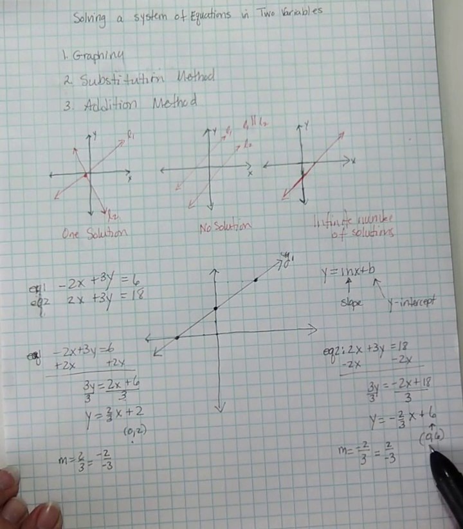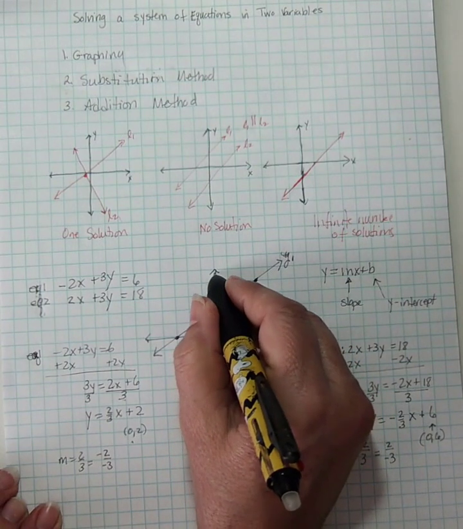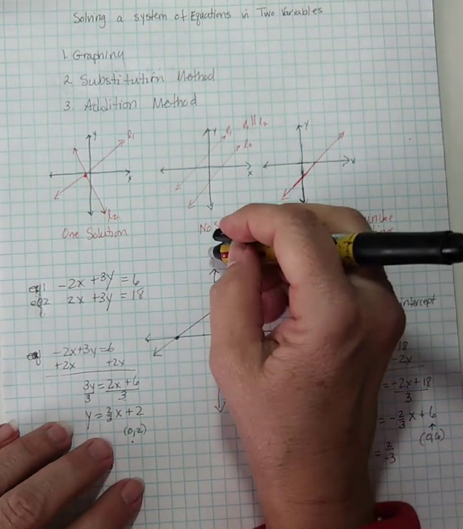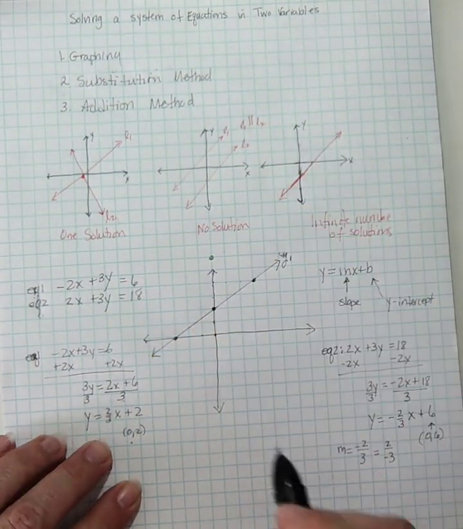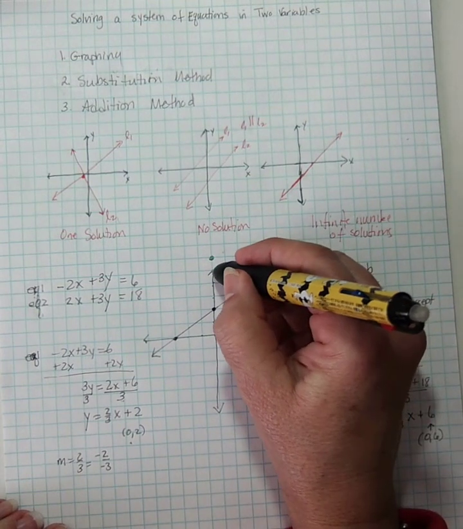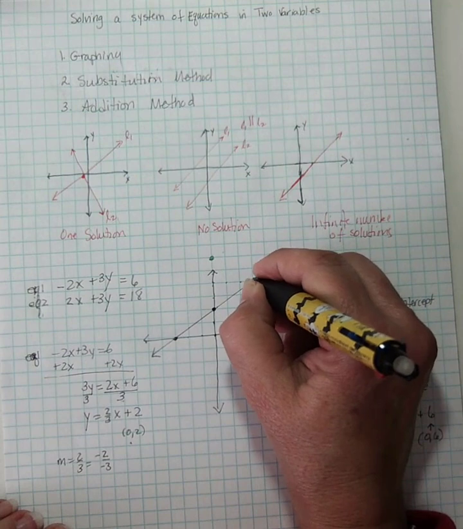So I go to 0, 1, 2, 3, 4, 5, 6. My point would be up there. So you know what? I'm going to change colors. It tells me I have a rise of 1, 2, and a run of 1, 2, 3.